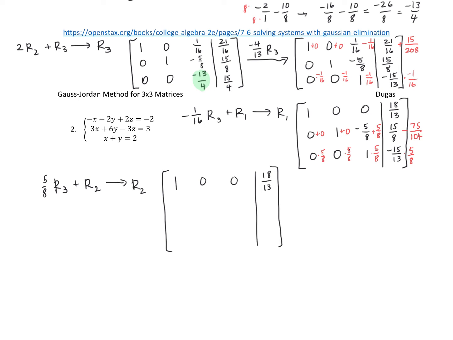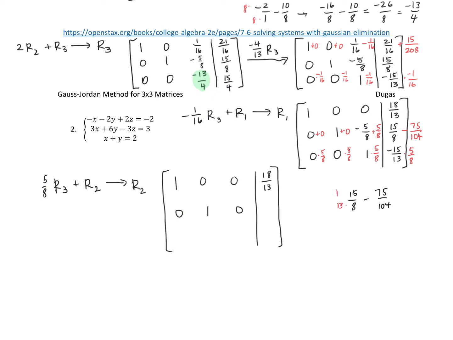Okay, so 0 plus 0, 0. 1 plus 0, 1. Negative 5/8 plus 5/8 zeroes out, thank goodness, because that was the whole point of what we were doing. And then 15/8 minus 75 over 104. So 104, we can make 104 be our common denominator.